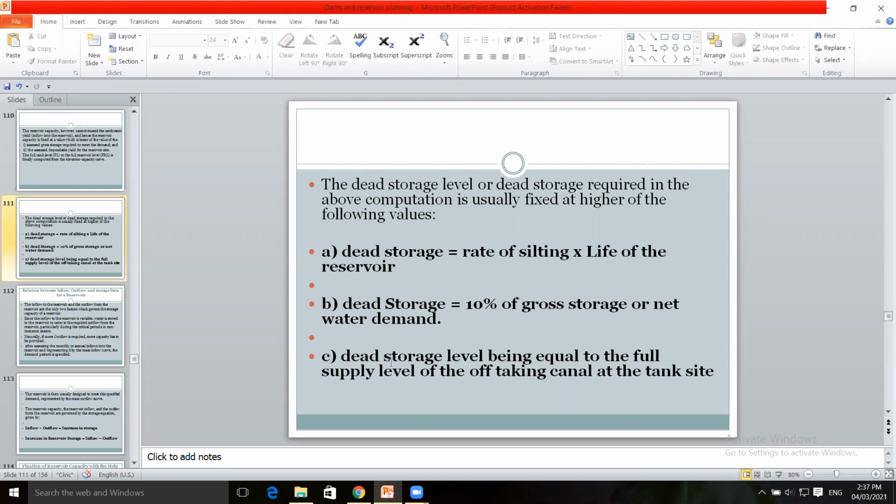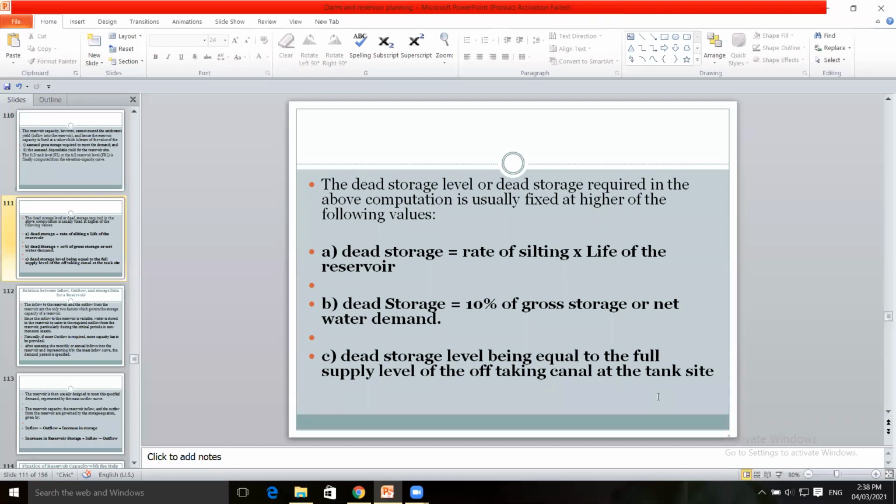Then third one is dead storage level being equal to the full supply level of the off-taking canal at the tank site. The full supply level, full reservoir level, or at the off-taking canal at the tank site. Off-taking canal ला जी full supply level आहे तिथपर्यंत dead storage level consider केली जाते.